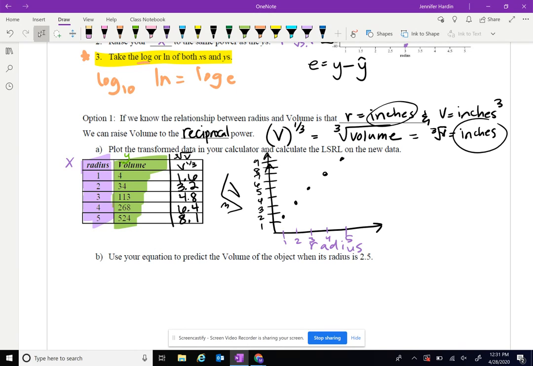Then in our calculator, we can go through and calculate the least squares regression line on this new data. So if you're typing stuff in your calculator, your x's should be in list 1. Because you're supposed to graph this data first, your y's, your volume, should be in list 2.